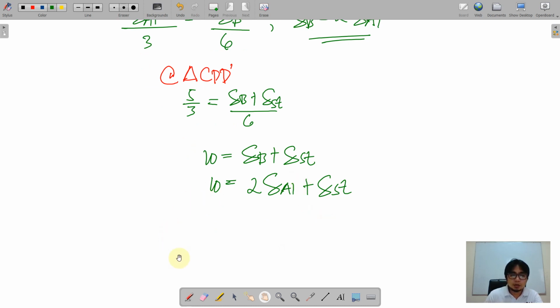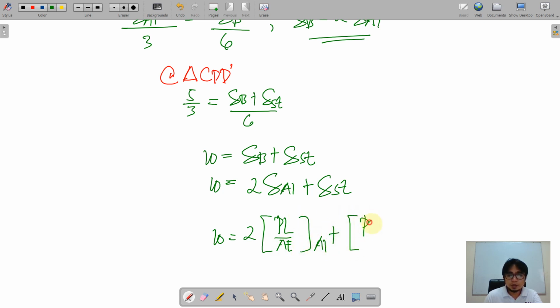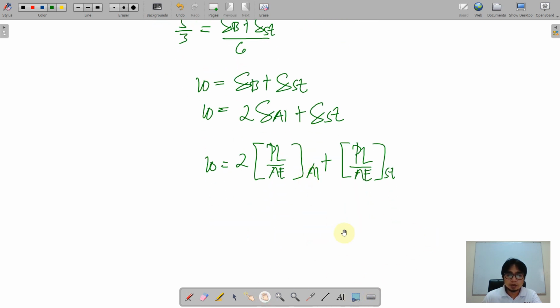we now substitute. So 2, this is PL all over AE of aluminum plus PL over AE of steel. So this is 10 is equal to 2.